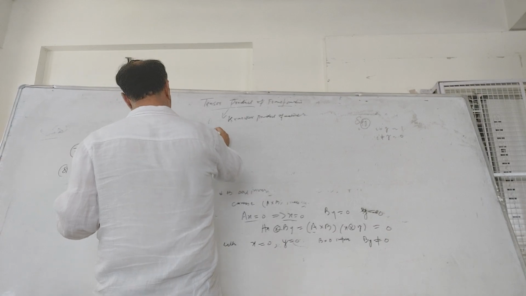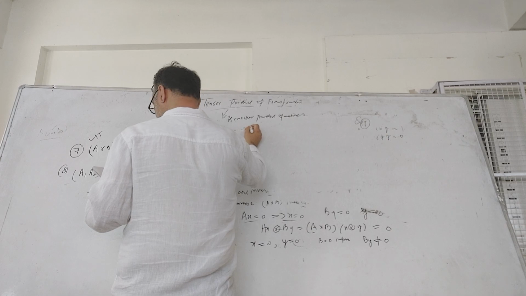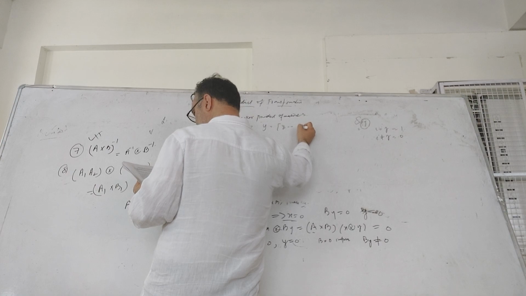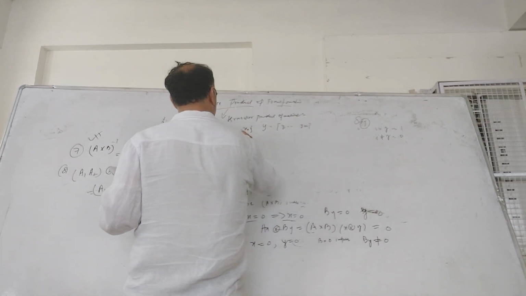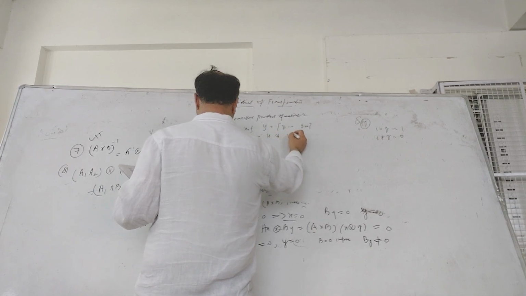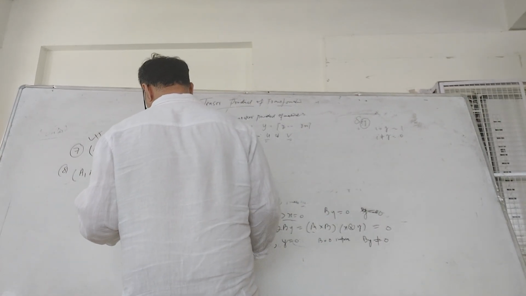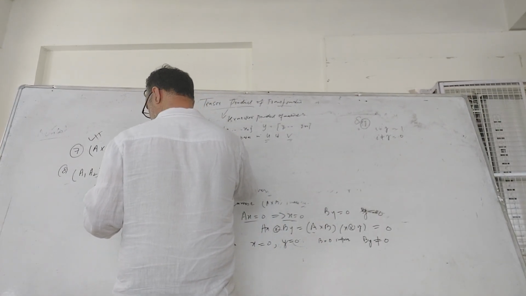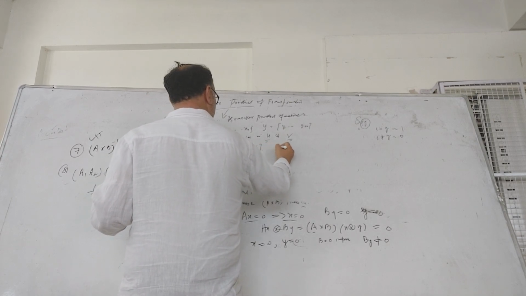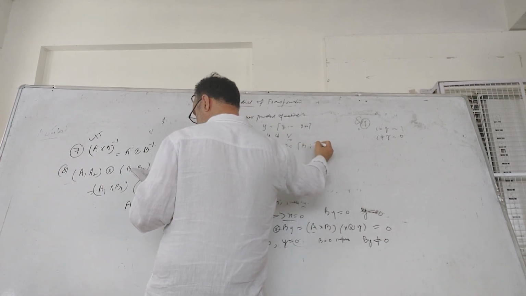For example, if X is x1 through xn, and Y is y1 through ym, with bases in U and V. There are two vector spaces having bases U and V, and let A be A of X and B be B of Y.